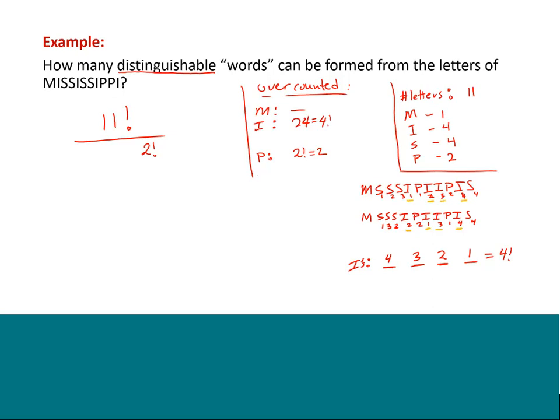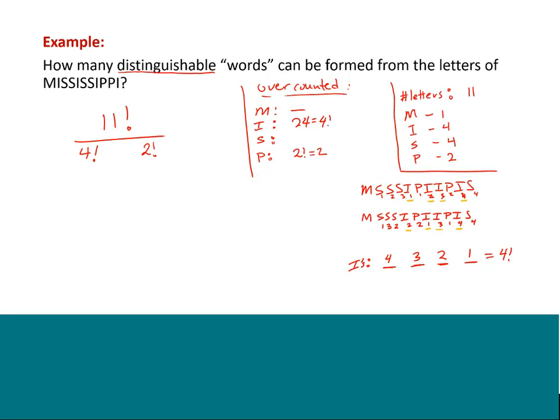Now, I'm going to throw it to you guys. If we look at the S's, are we overcounting with respect to the S's? And if so, by how much? What do you guys think? Exactly.